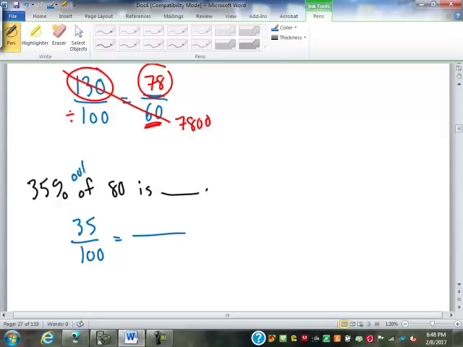Of 80, think of this. 35% out of 80 implies 80 goes on bottom. Is blank. The blank has to match up with our 35. We cross multiply and divide. 35 times 80 is 2,800. Divided by 100 is 28.